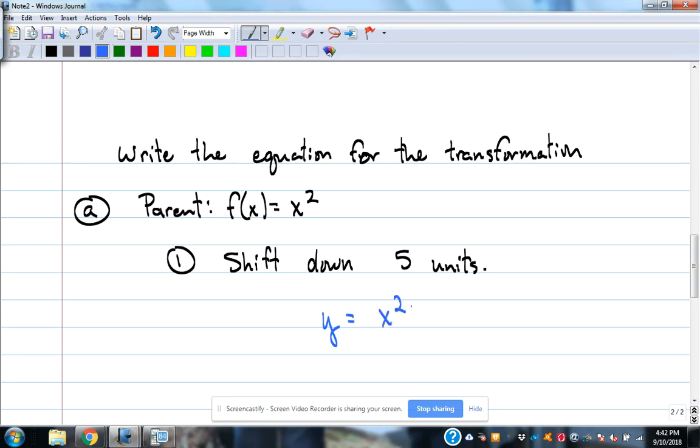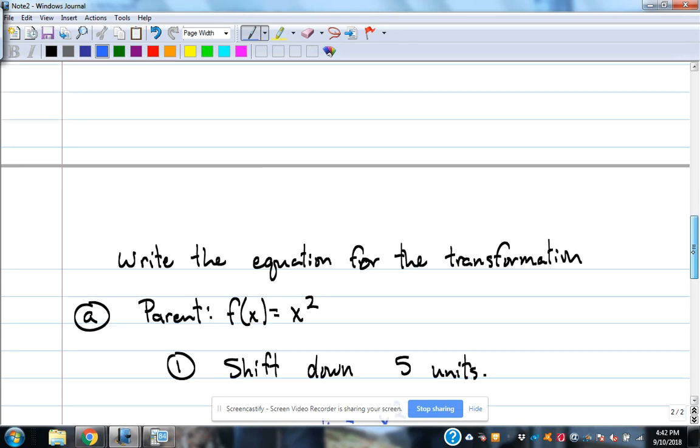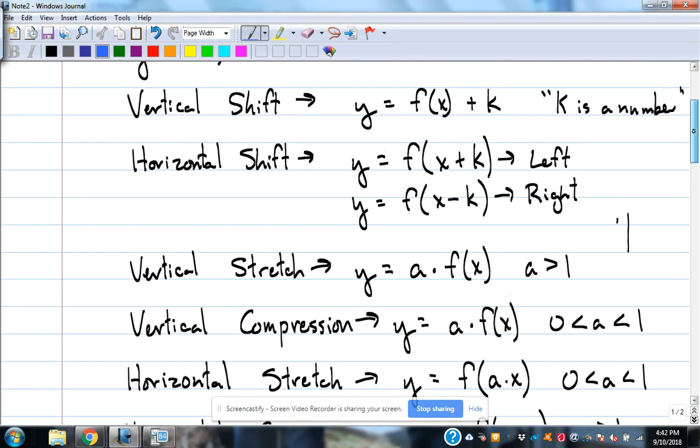We're going to have to do something to x squared. Shifting down 5 units, a vertical or horizontal movement? Vertical. So we know it's not going to happen to the inside on the x. It's outside. If it's vertical, it's on the outside. Shifting down 5 units is going to do what? Go back up here to our shifts.